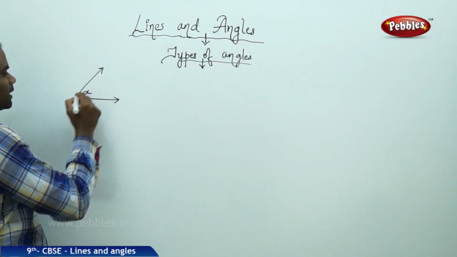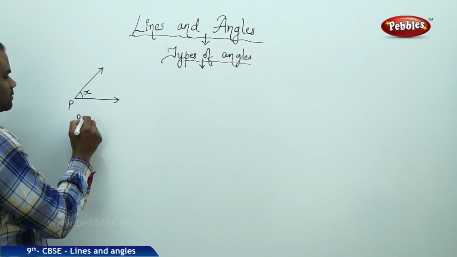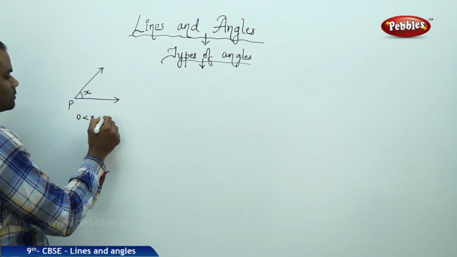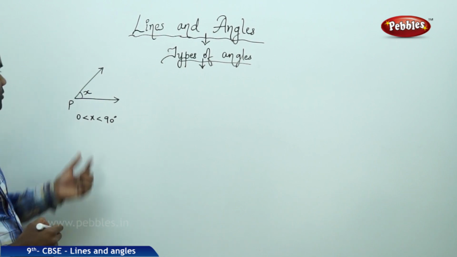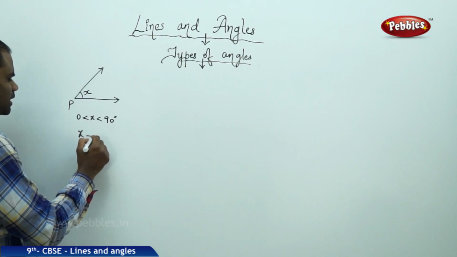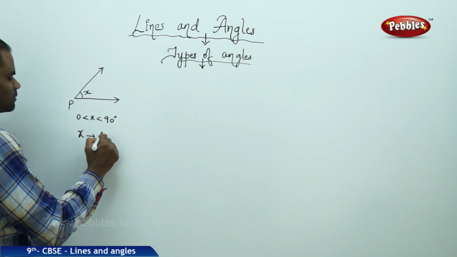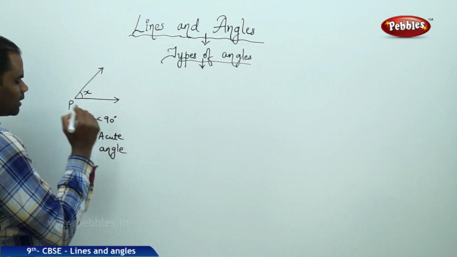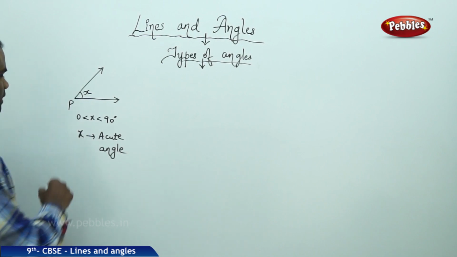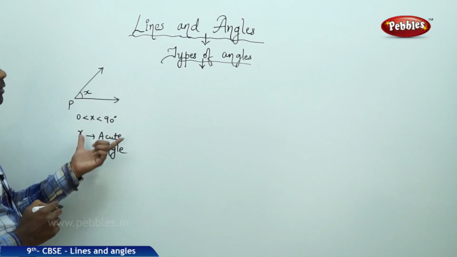Say for example, I take this as x. So if the angle is less than 90 and greater than 0, then I call this angle an acute angle, is how we understand formula number 1.